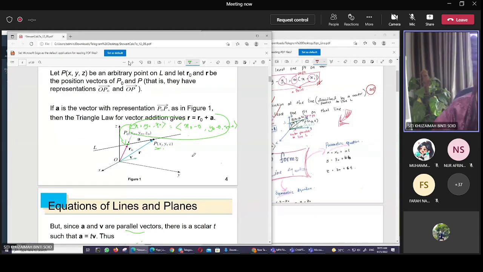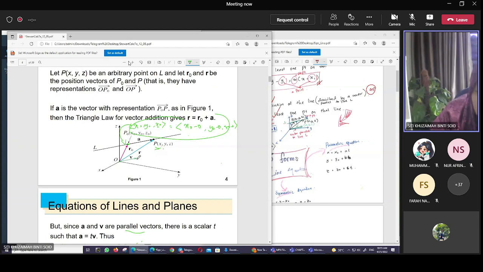If you can see here, the parallel vector is given here. Sometimes, yes, it gives you a parallel vector straightforward. Dia bagi macam, so the parallel vector is this. You can imagine like this lah. This parallel vector is also parallel to this line.